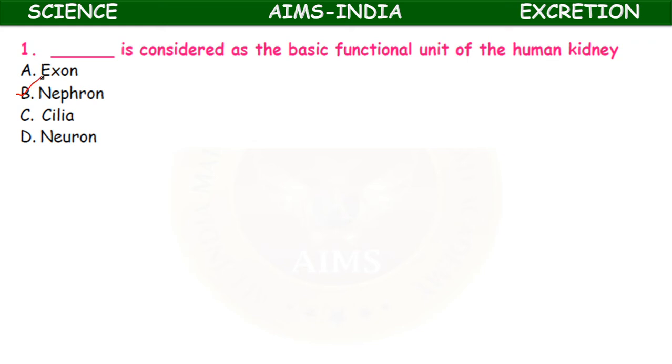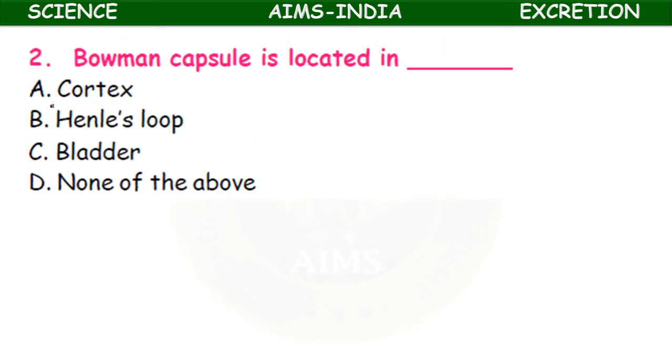So it is the nephron. Bowman's capsule is located in cortex, Henle's loop, bladder, none of the above. It is present in the outer region, cortex.